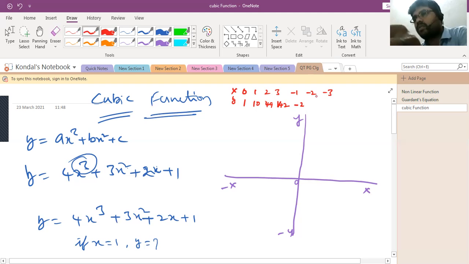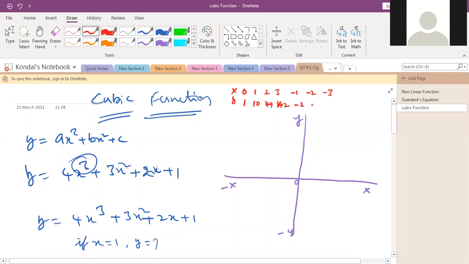Minus 2. When x is equal to minus 2? Minus 23. 23, right? Sorry. Yeah, 23. Here minus 86, right? Yes. Okay.